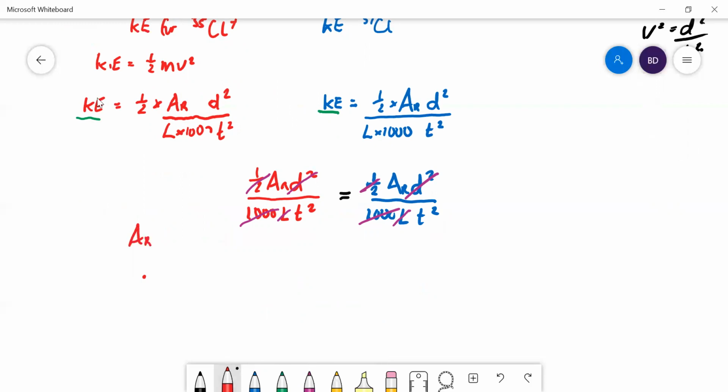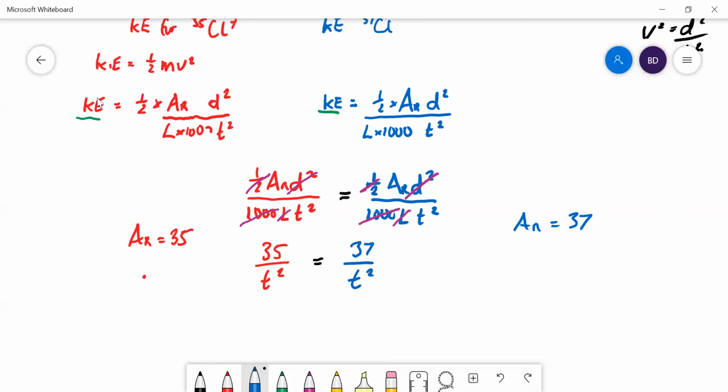The AR of chlorine is 35, and the blue one is 37. So we end up with 35 over the time of flight squared for that one is equal to 37 over the time of flight squared for the blue one.